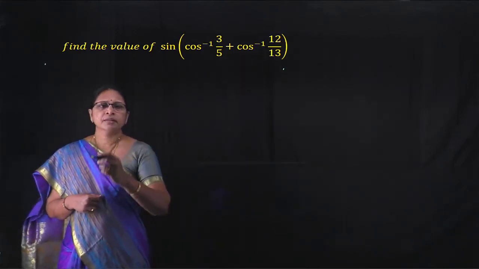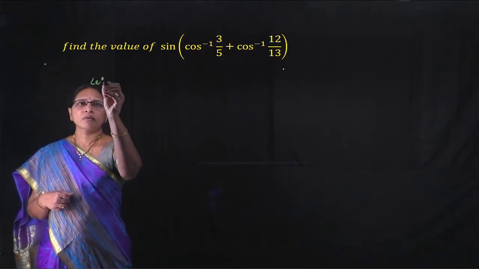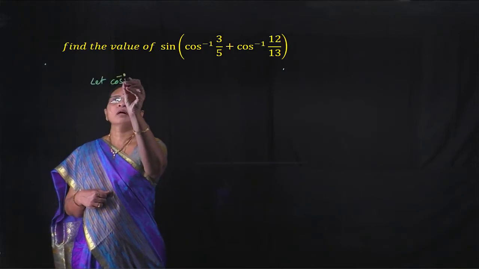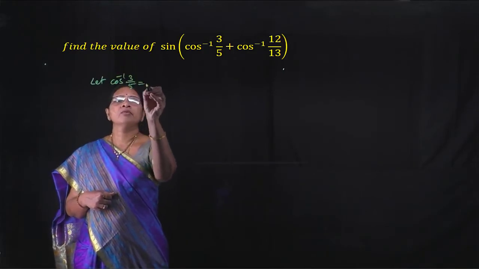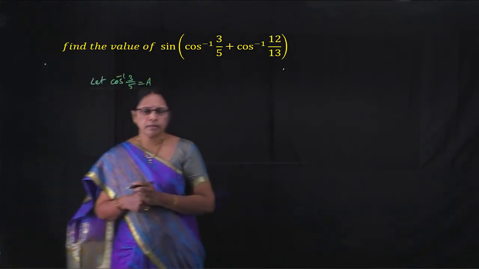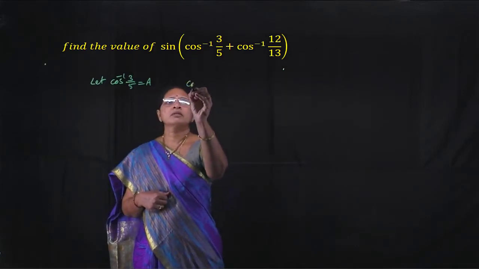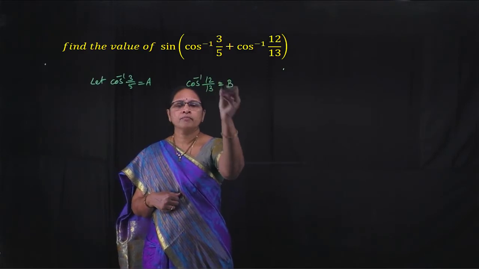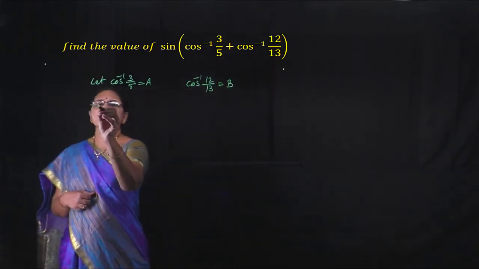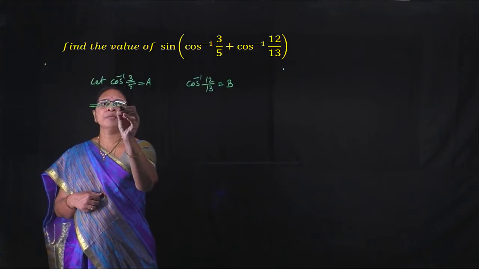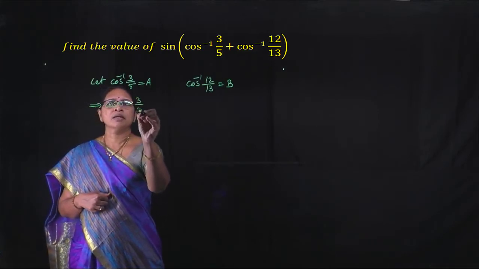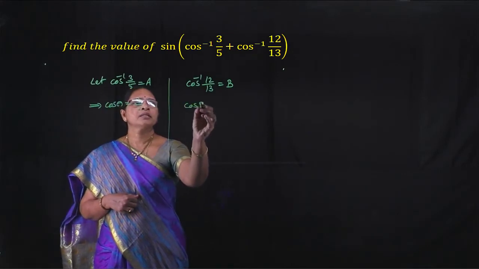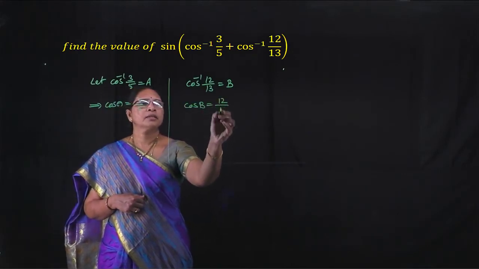Let us take cos inverse 3 by 5 equal to A, and cos inverse 12 by 13 equal to B. This implies cos A equal to 3 by 5 and cos B is equal to 12 by 13.